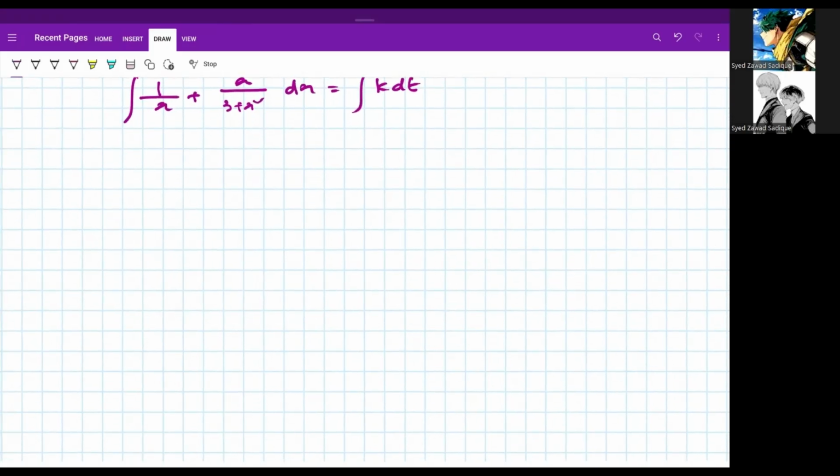Now we will get ln x plus half ln (3 plus x squared) is equals to kt plus c. Now we take this 2 to the other side.